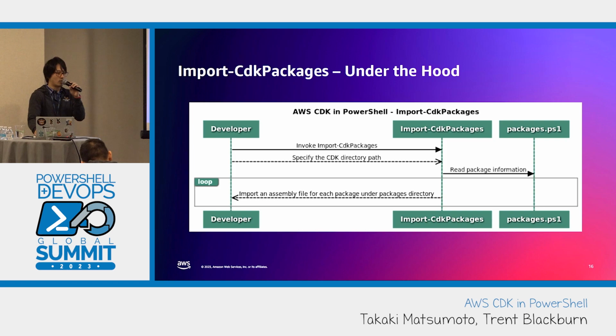This is tied to what you saw earlier about the New-CDKPackage command. Once you call New-CDKPackage, it downloads the dependencies. And obviously you want to use that when you deploy CDKs, so you use this Import-CDKPackages command to do that. Pretty straightforward, I think, because you write a lot of PowerShell, I believe.